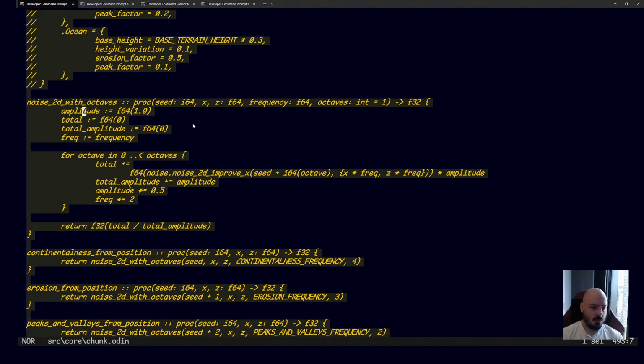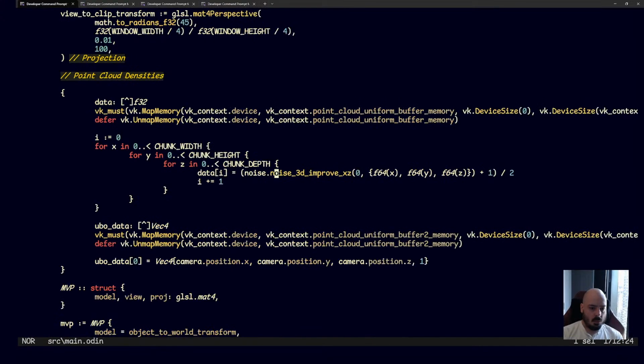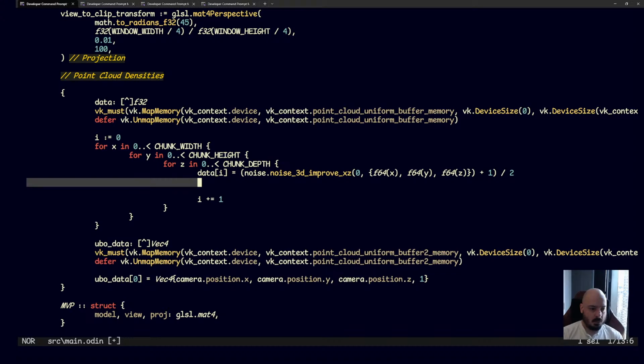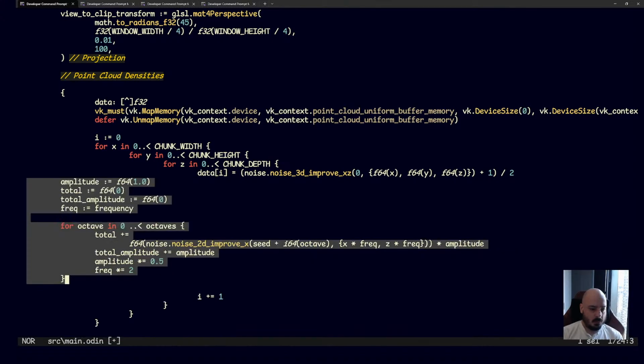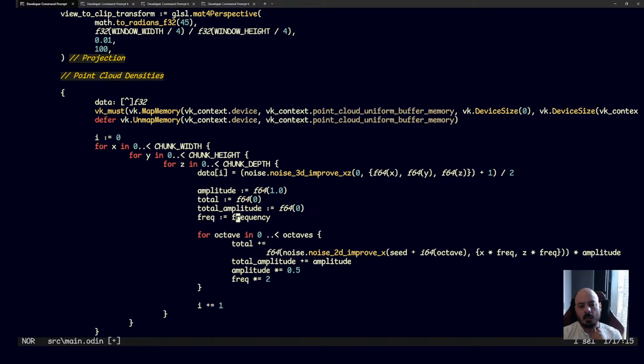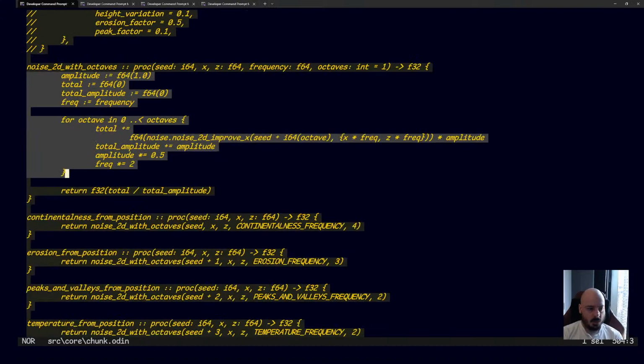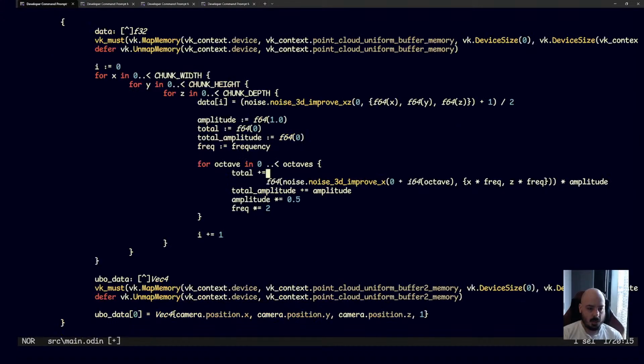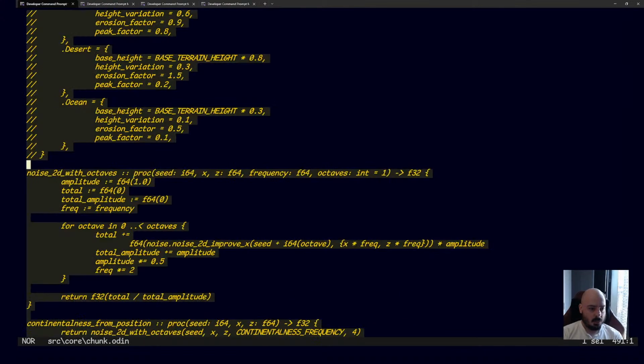Okay, I'm gonna grab this. I'm gonna go back here, I'm gonna put it here. So let's see. This is 3D noise. We don't have a frequency value here, so let's just actually let's make it a function. Yeah, we'll just copy this function.